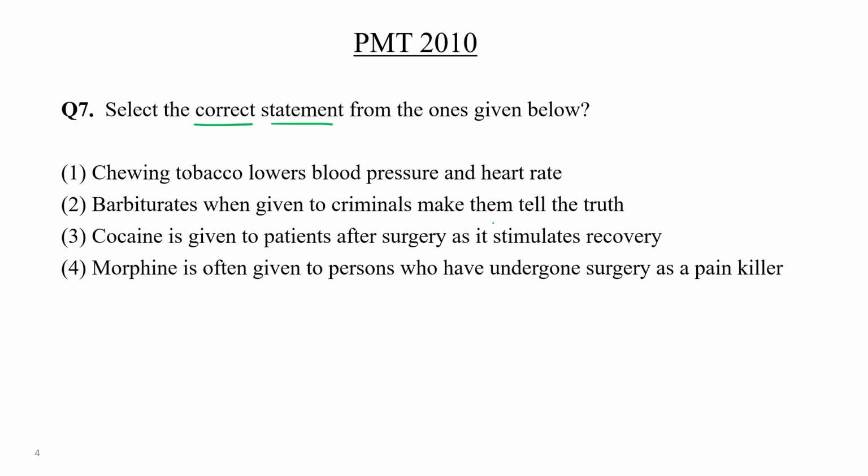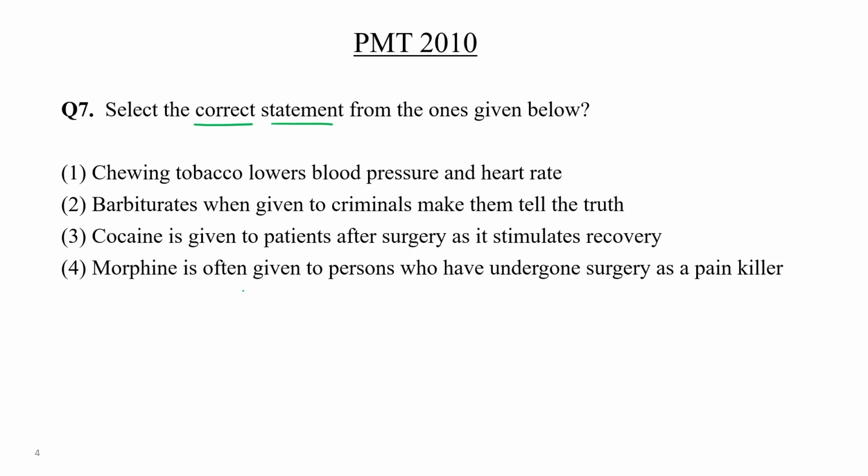So this one is not true. Cocaine is given to patients after surgery as it stimulates recovery? No, not at all. Cocaine does not help in stimulation in surgery, while slowing down, we can say.